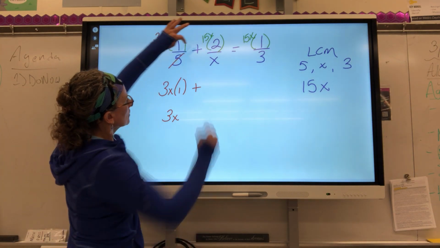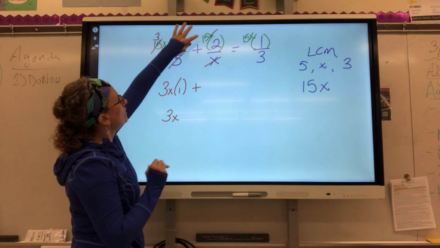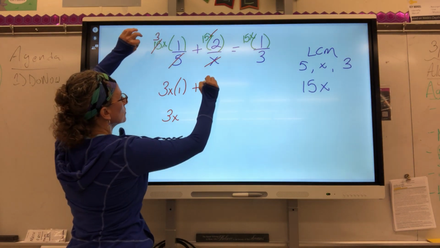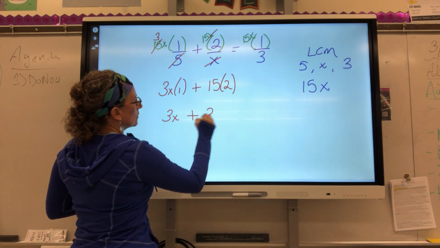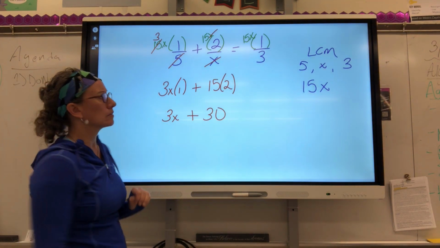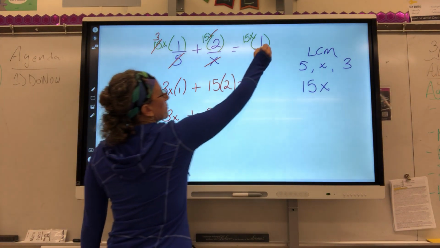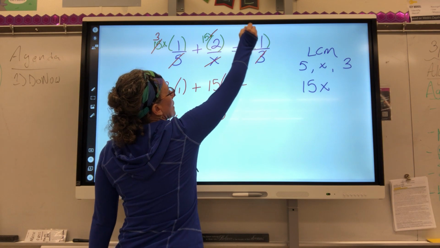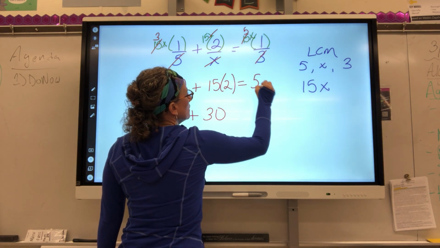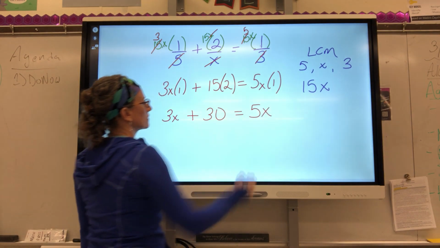Next fraction. The x will get eliminated. x divided by x is 1. 15 times 2 is what remains, and so 30 is what remains. And then the fraction on the right, 3 divides into the 15 5 times. 5x times 1, leaving just 5x.